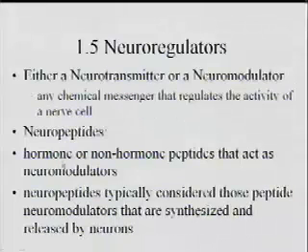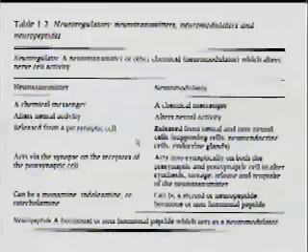But they can act as hormones or non-hormone peptides, and they can, as I stated, typically be neuromodulators. And they're considered those peptide neuromodulators that are synthesized and released by neurons. So an example is cholecystokinin, when produced and released by a neuron, is considered to be a neuropeptide. But when produced and released by the pancreas, it's a pancreatic hormone.